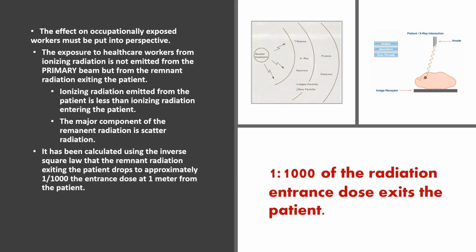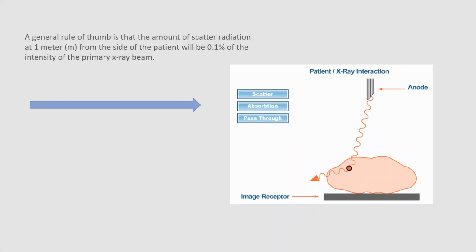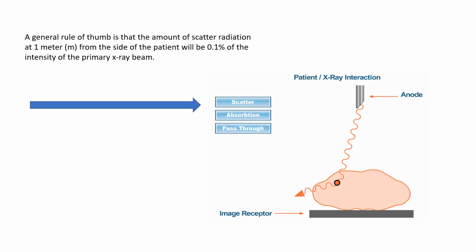It has been calculated using the inverse square law that the remnant radiation exiting the patient drops to approximately 1/100th the entrance dose at 1 meter from the patient. Radiation that the occupational worker is exposed to is then 0.1% of the intensity of the primary beam that enters the patient.